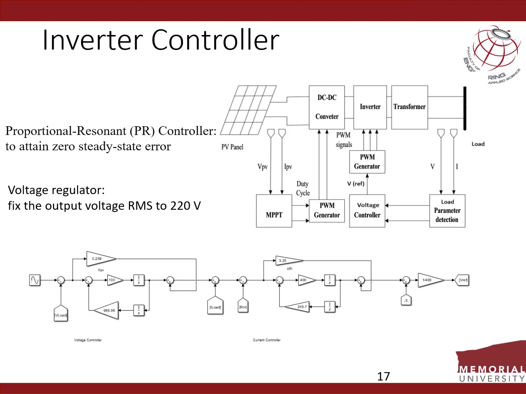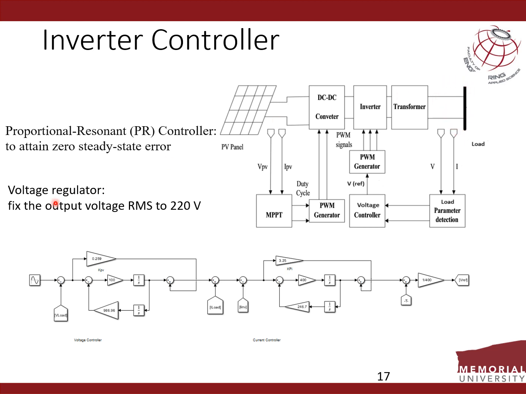Okay, now we are going to talk about the inverter controller. As you can see and explained before, the load side is an AC load which requires 220 volt RMS voltage. So the purpose of this controller is to get fixed output voltage at load sides.